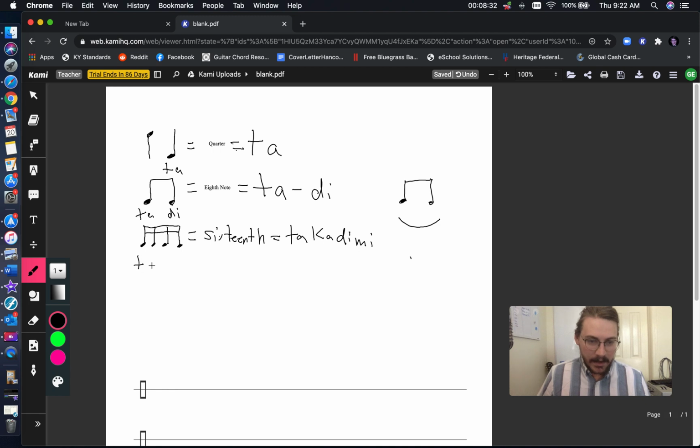These as ta, ka, di, mi. And that works because we subdivide it. So if you have a pulse, we'll clap on a pulse. Now we're going to do two for each one of those.